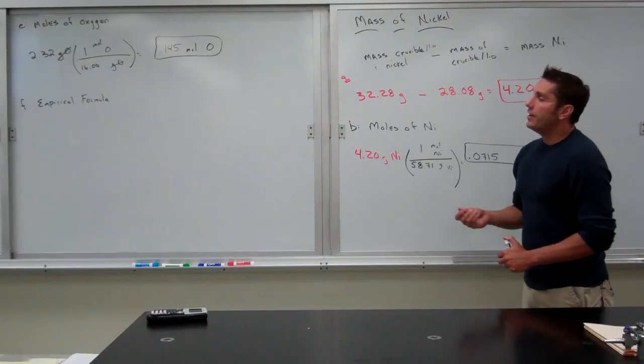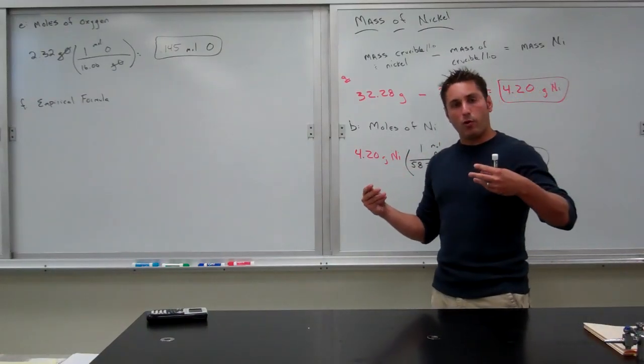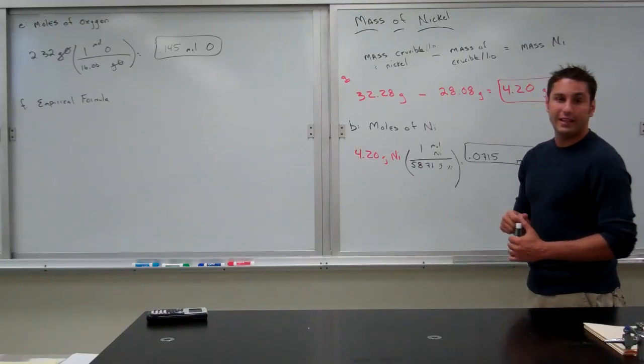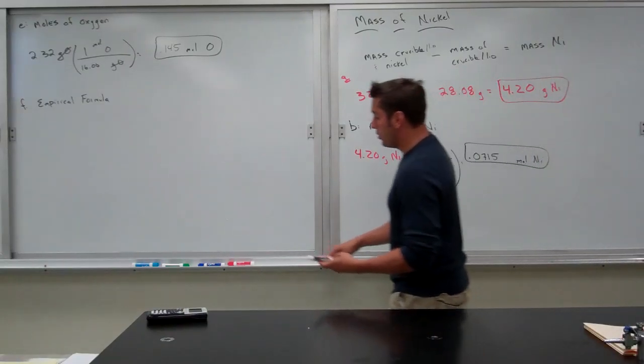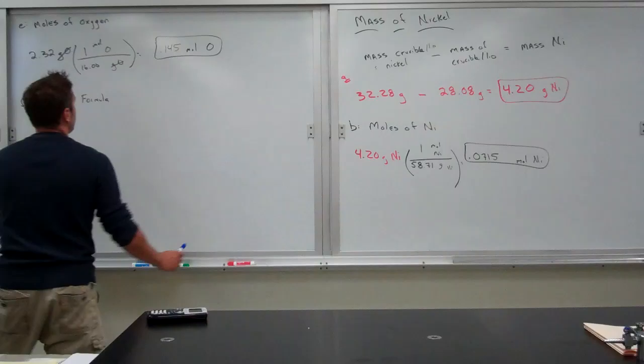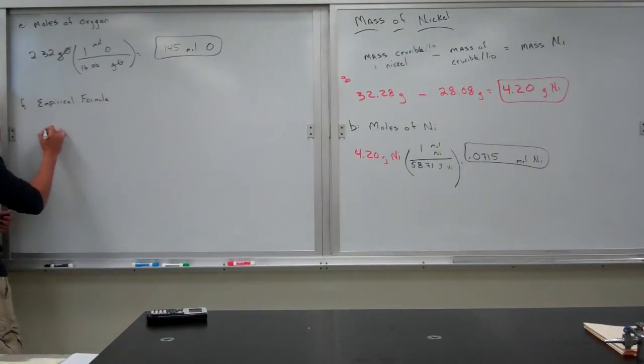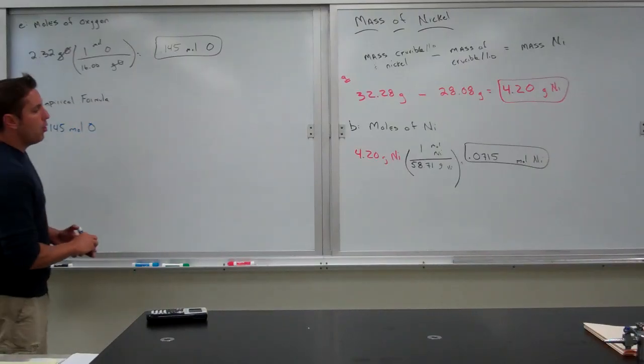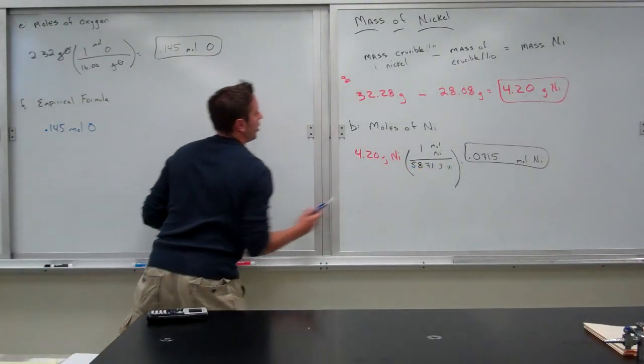So the idea here is we just took a longer empirical formula problem and broke it up step by step to try to figure out what is going on. So we're going to use those bits of information. Okay? I know that my moles of O is 0.145. And I know that my moles of nickel is 0.0715.